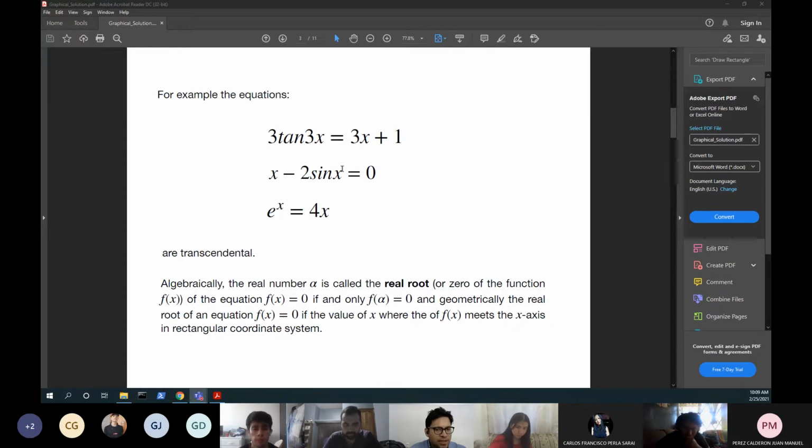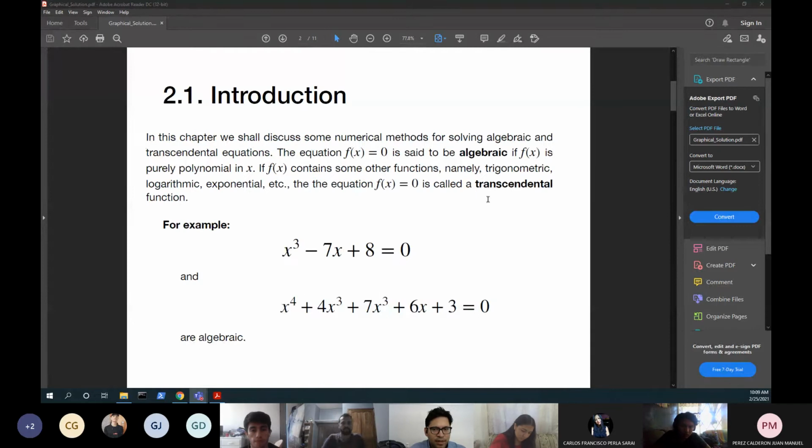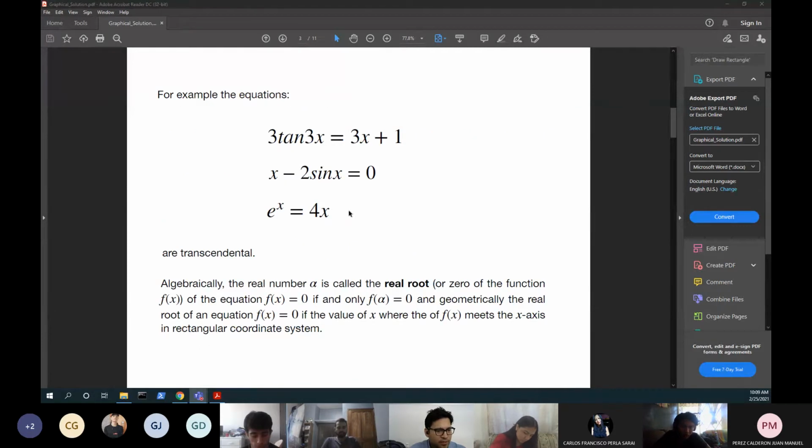Because you have the sine, a trigonometric function, you can say that this is a transcendental equation. And finally, e to the power x equal to 4x is another example of a transcendental equation because you have an exponential function on one of the sides of the equation, in this case, the left-hand side. So these are examples of both algebraic and transcendental equations.